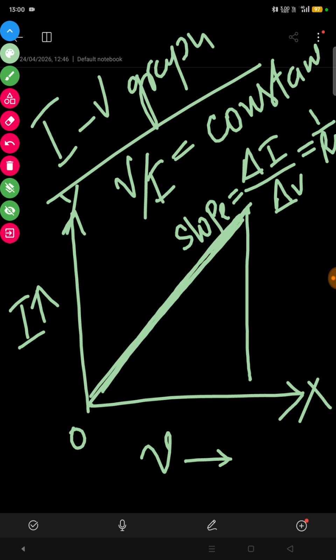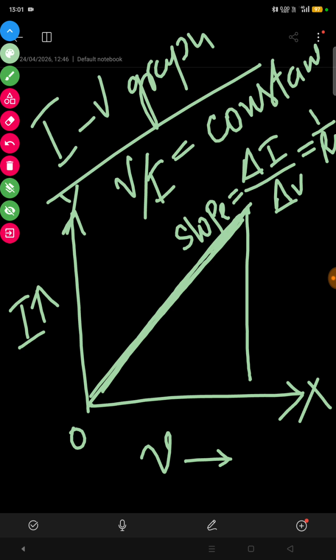That is, slope is equal to delta I divided by delta V, is equal to 1 by R. 1 by R means 1 by the resistance of the conductor.